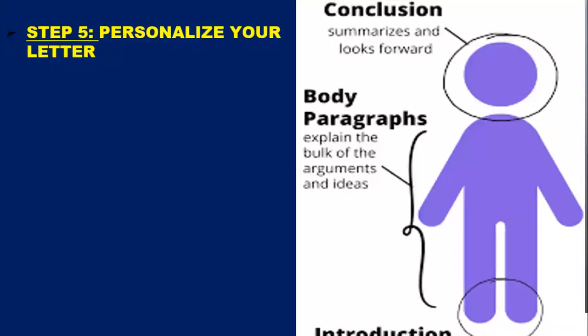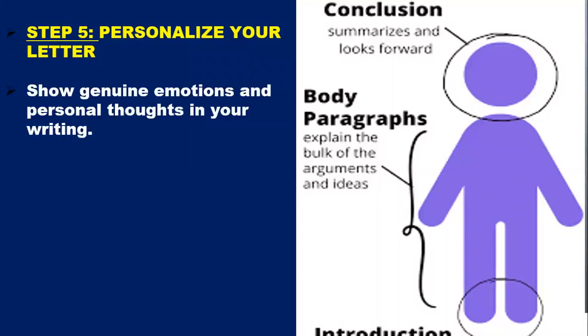Now, step number 5, personalize your letter. Okay, how do you do it? Show genuine emotions and personal thoughts in your writing, because you are writing to a friend of yours. So you have to use a conversational tone, a tone that you will ordinarily use when discussing with your friend, personally or one-to-one, okay?